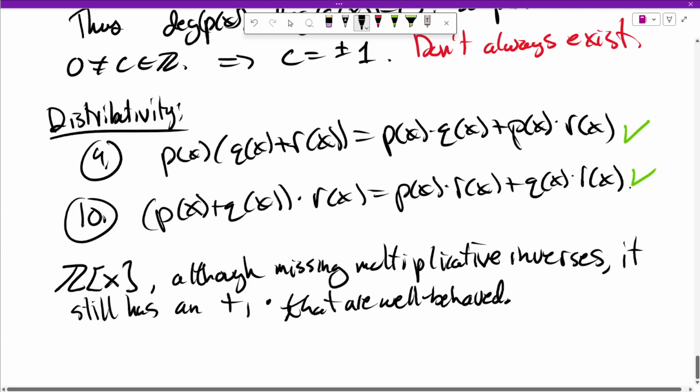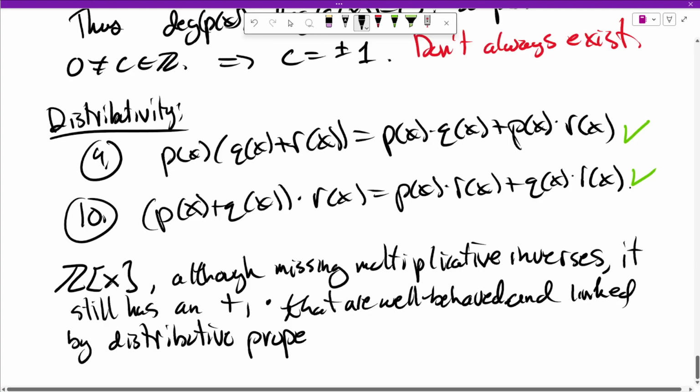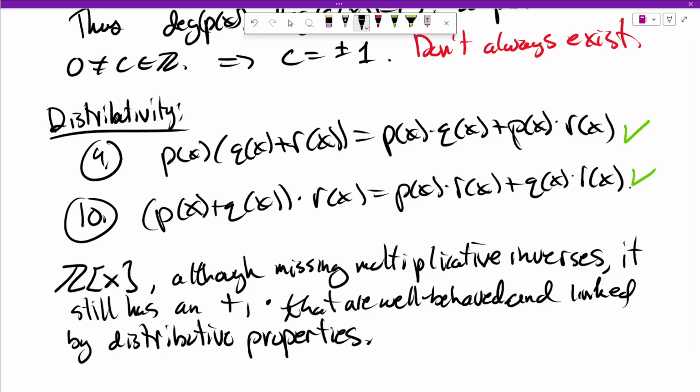So not only are they well behaved, they're still linked by the distributive properties. So there's some relationship between them. And what this is saying is, hey, this is still interesting to look at, but we don't have multiplicative inverses. And this is not a new thing, right? We saw that Z was a really interesting place to do arithmetic.